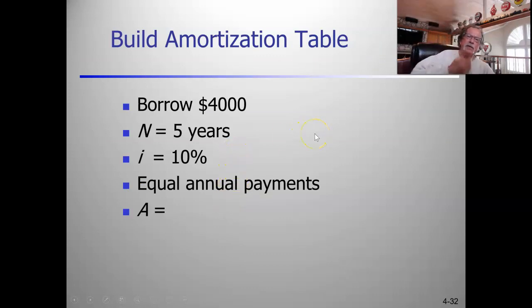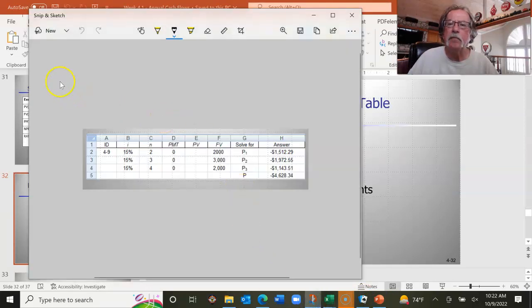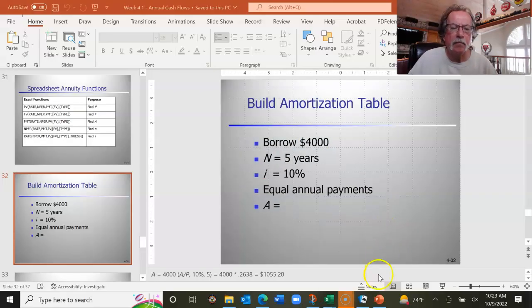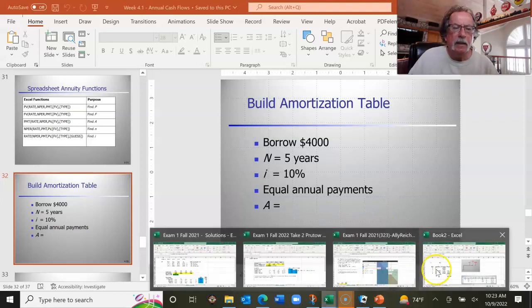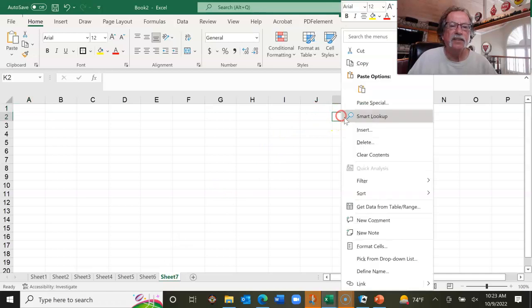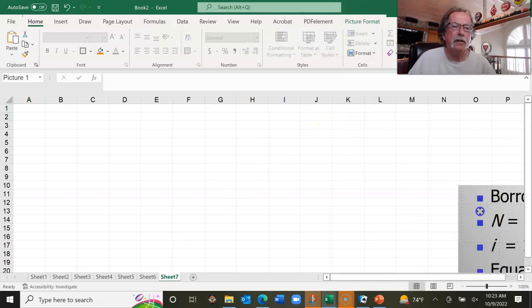So if I asked you to build an amortization table, what do I mean? So this is what we're going to do. Let me build the table. And I'm going to be a little bit more detailed than the example in the slides.